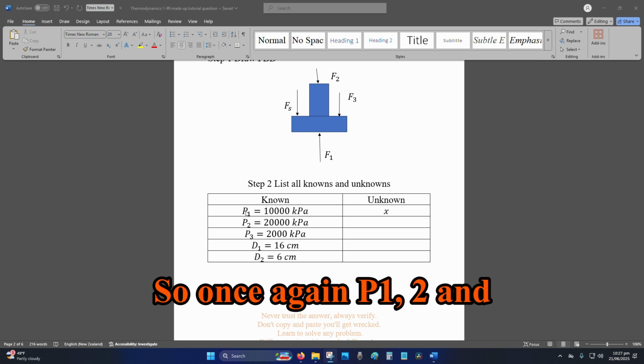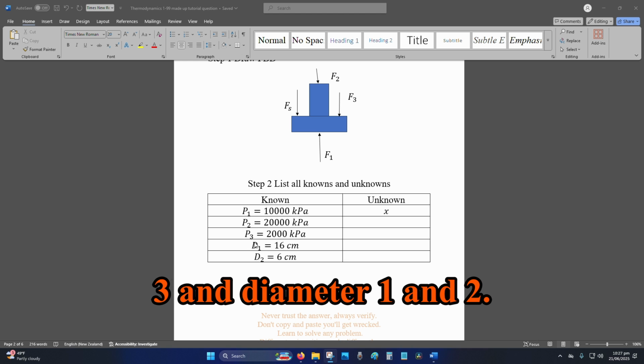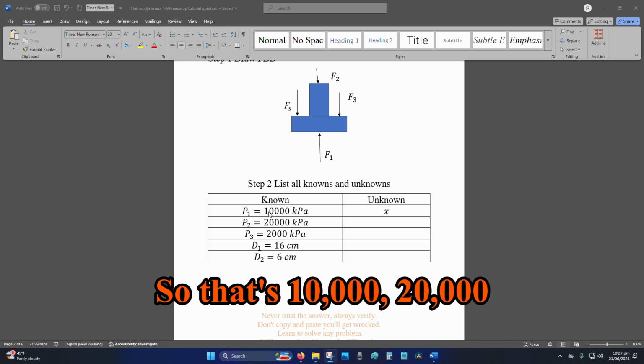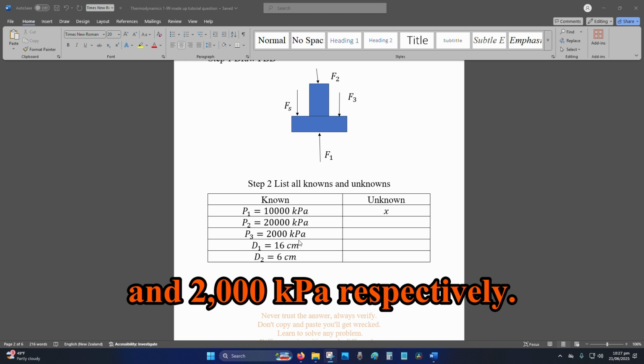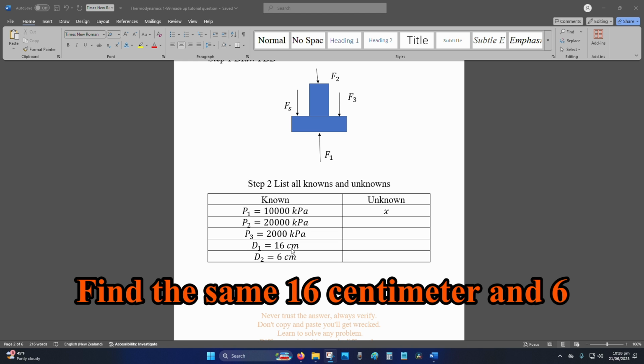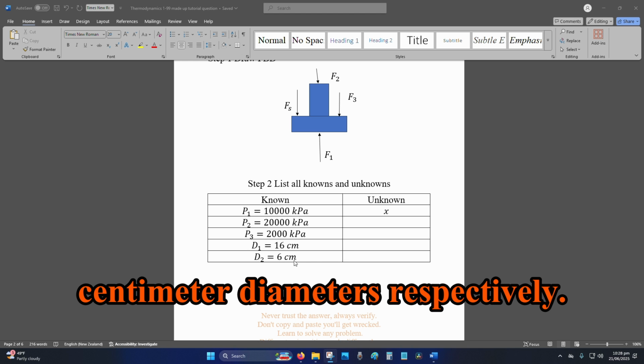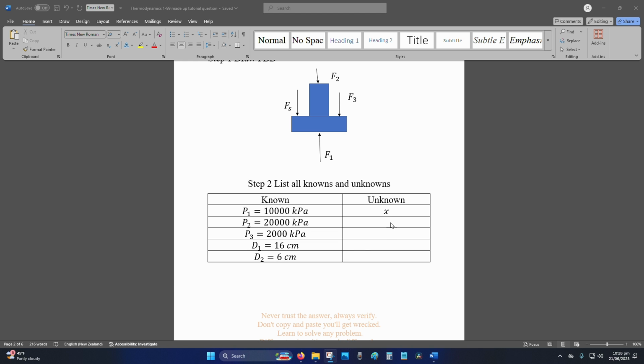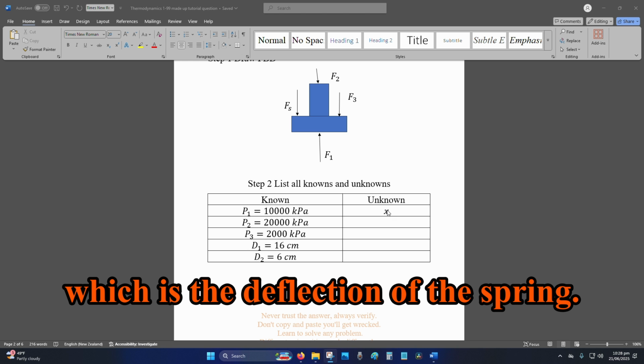So once again, P1, 2, and 3, and diameter 1 and 2. So that's 10,000, 20,000, and 2,000 kPa respectively. And the same 16 centimeter and 6 centimeter diameters respectively. And we're trying to find the unknown, which is the deflection of the spring.